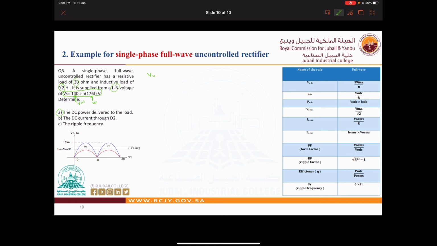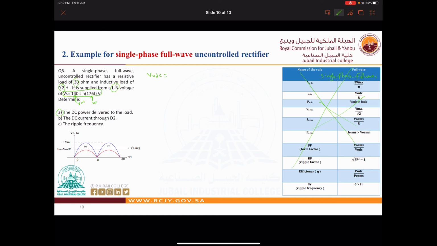So V output DC is equal to V output DC from single phase, shabab. This is wrong, shabab. We should take it from single phase full wave. This is wrong, this is for the 3-phase.